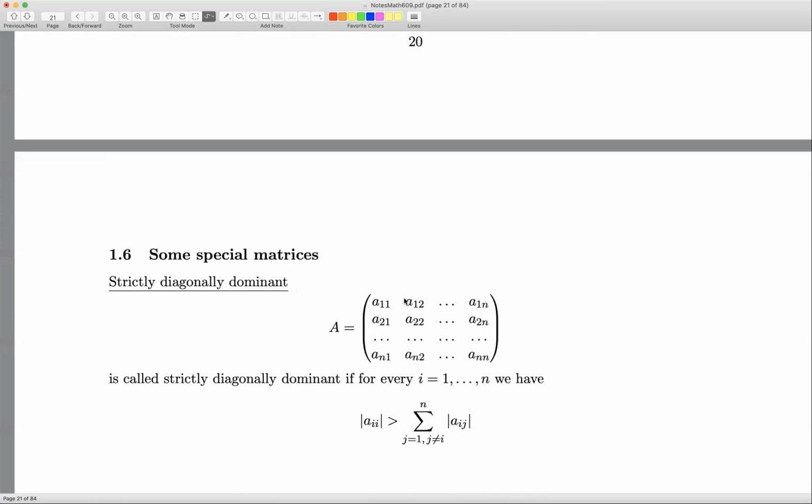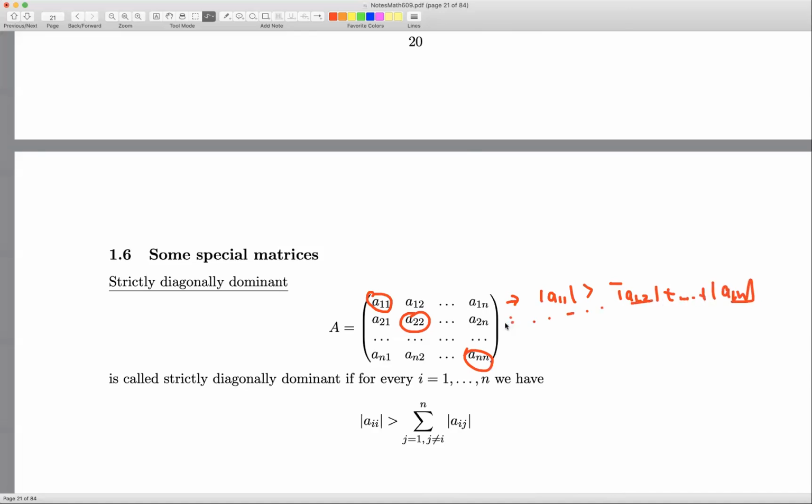So what does this inequality mean? Let's take the elements on the main diagonal and circle them. If we look at the first row, this means that the absolute value of the element on the first row that is on the main diagonal is strictly bigger than the sum of the absolute values of the elements of this row off the main diagonal. So absolute value of A12 plus, and so on, plus absolute value of A1n.